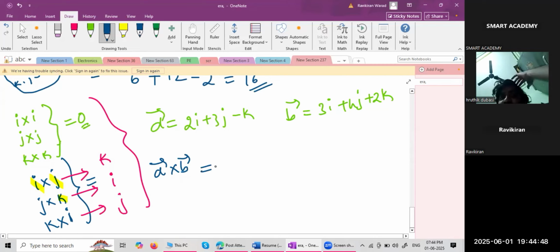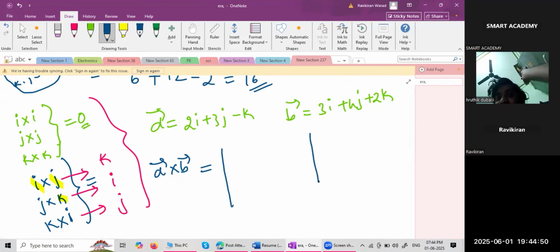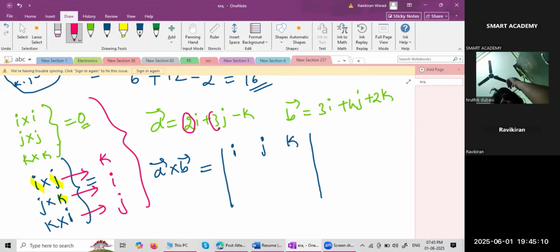To find the cross product of these two vectors, you have to use the determinant method. Under this determinant, the first row elements will be i, j, k by default. The second and third row elements come from the coefficients of the two given vectors. What is the coefficient of i here? 2.